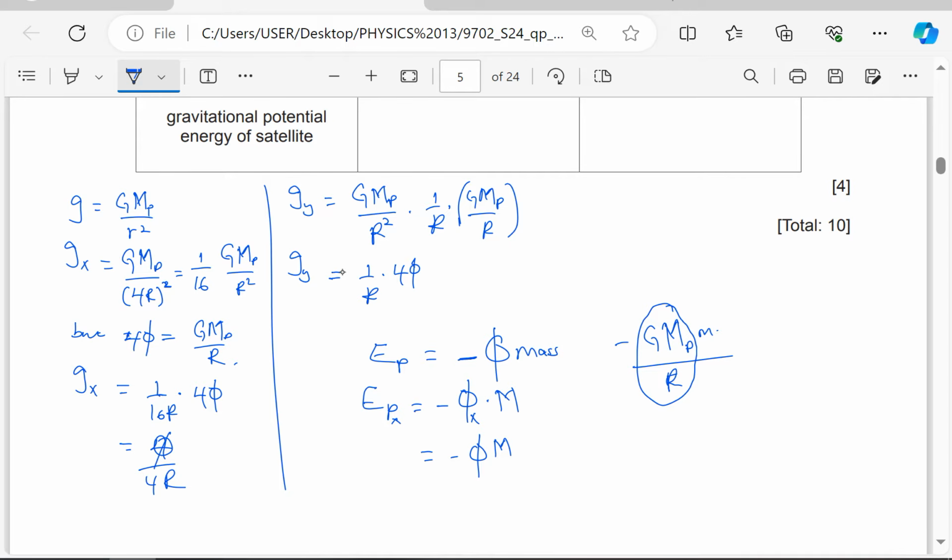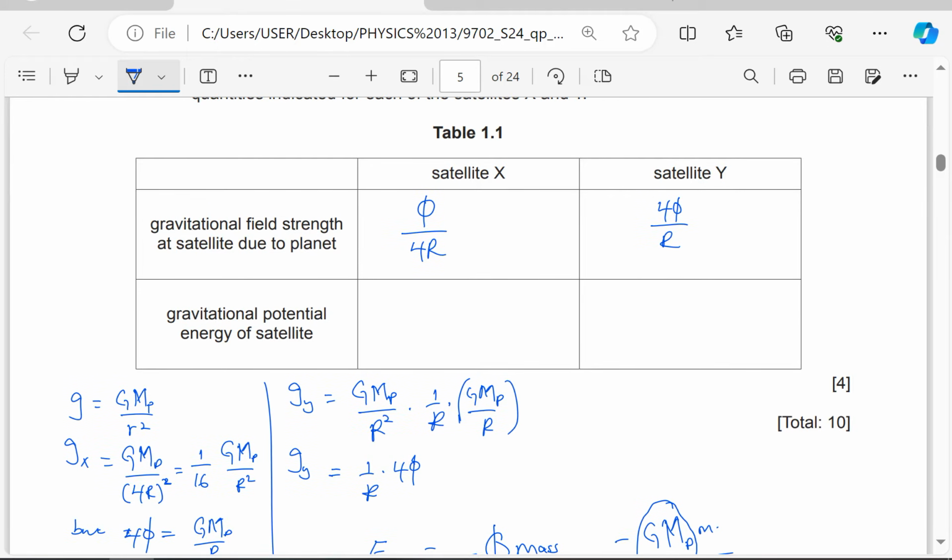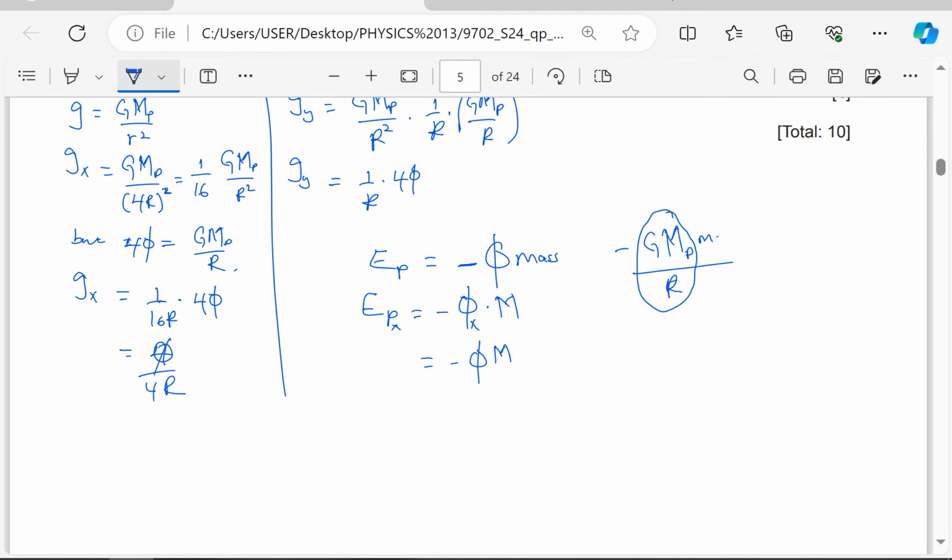Even if you use 4 phi, you'll end up arriving at the same thing, negative phi times M for X. So this is simply negative phi, that is the gravitational potential, times the mass of the satellite. Okay, then if you want to use negative GM over the distance, remember the distance was 4r. Let me use small r here, but it is a repetition.